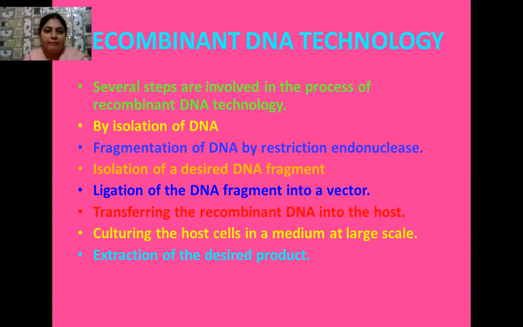Okay, students, when we have done the fragmentation with the help of the restriction endonuclease enzyme, we have obtained so many DNA fragments, and next we have to isolate these DNA fragments, whether of the plasmid DNA or the alien DNA.